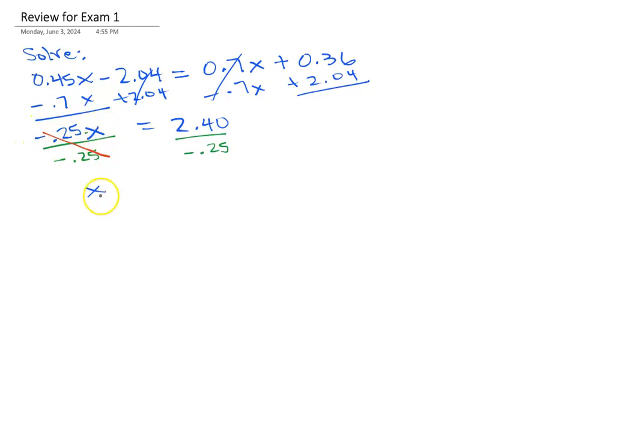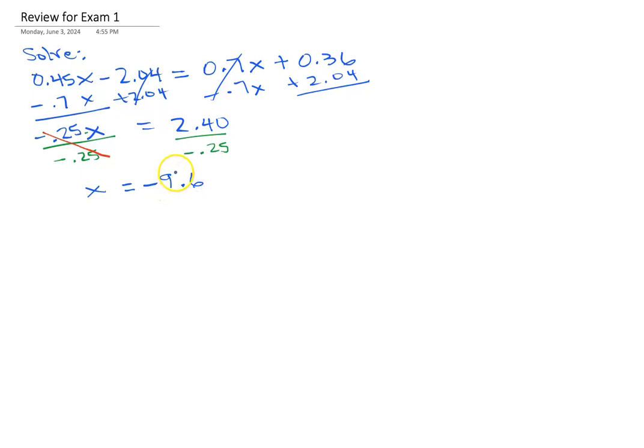Those divide out, and so I'm just left with 1x equals, and then put in your calculator 2.4 divided by negative 0.25. What do you guys come up with there? Negative 9.6. Yeah, negative 9.6.